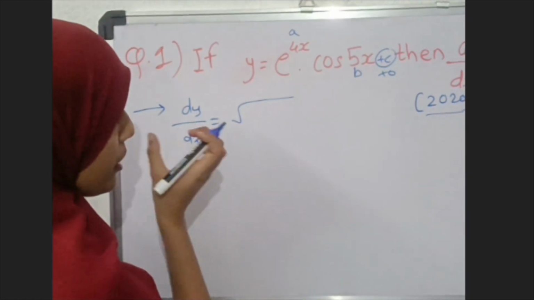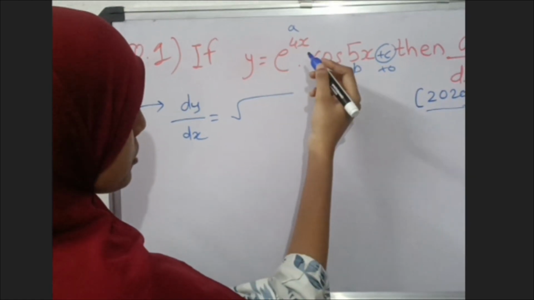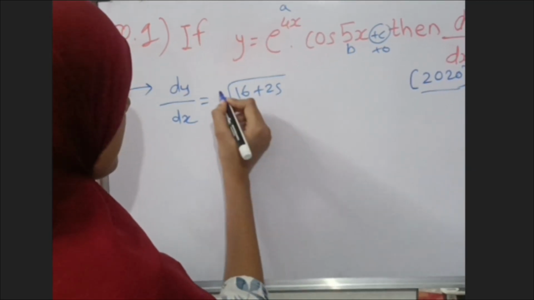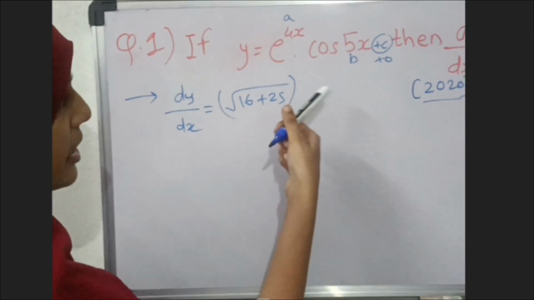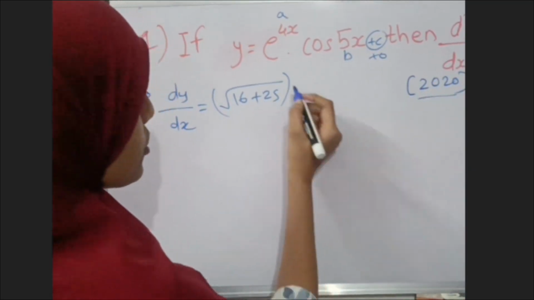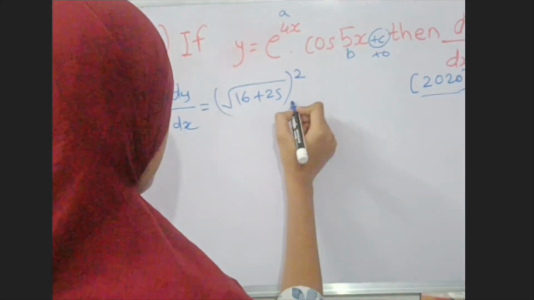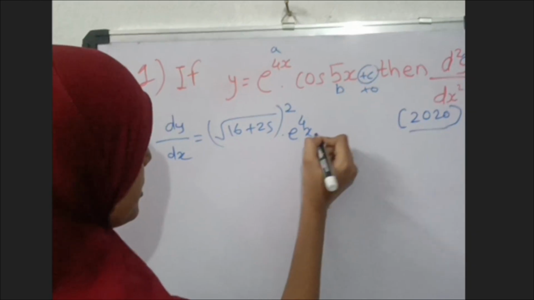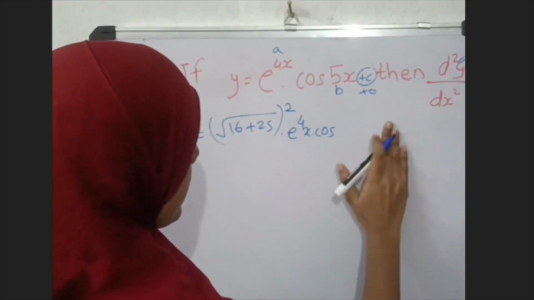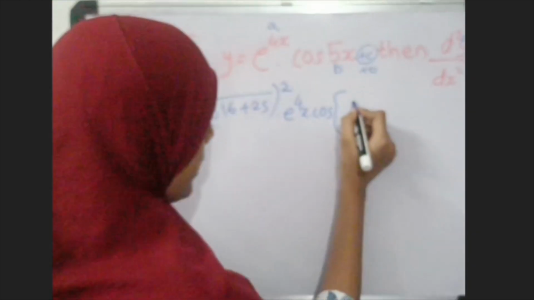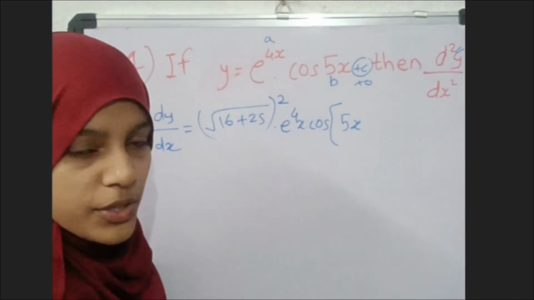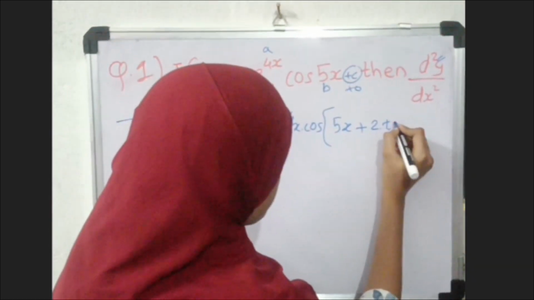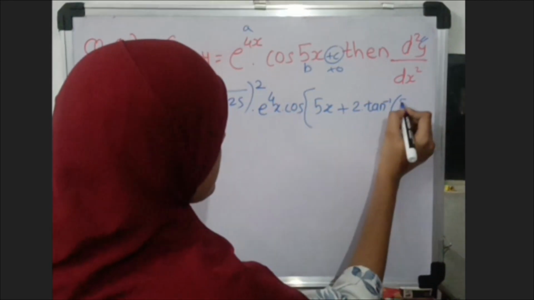So we can just put the value of a and b. a will be 4, a square, that is 4 square, that is 16, and b square, that is 5 square, that is 25, whole to the power of n. Here we have to find d2y by dx square, so our n will be 2, multiplied by, we can write it as it is, e raised to 4x into cos, and again we have to take 5x. Here c is absent, it is 0, so I am not writing it. So it will be n, that is 2, into tan inverse b upon a, that is 5 by 4.